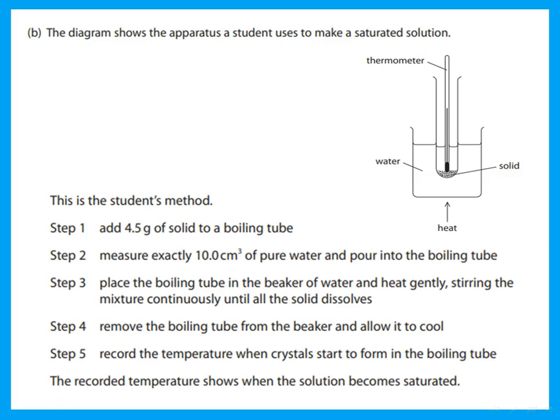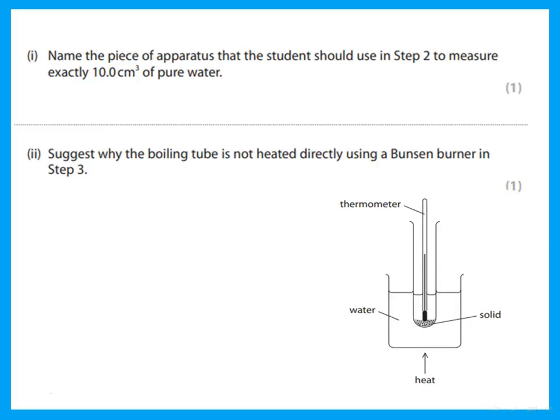Place the boiling tube in the beaker of water and heat gently, stirring the mixture continuously until all the solid dissolves. Then remove the boiling tube from the beaker, allow it to cool, and record the temperature when crystals start to form, because that is when the solution has as much of the solid dissolved as possible. The recorded temperature shows when the solution becomes saturated.